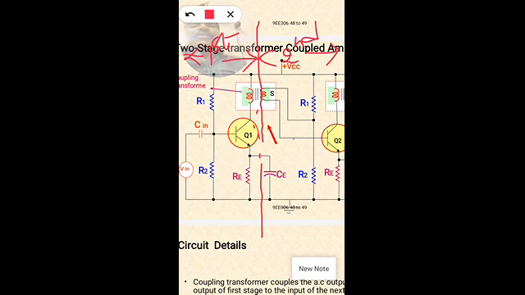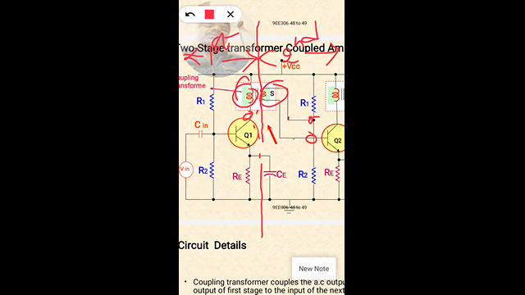The output of the first stage we get at the collector of Q1, across the primary winding of the transformer. That output of the first stage, appearing at the primary winding, is connected to the input of the second stage through the transformer secondary winding.